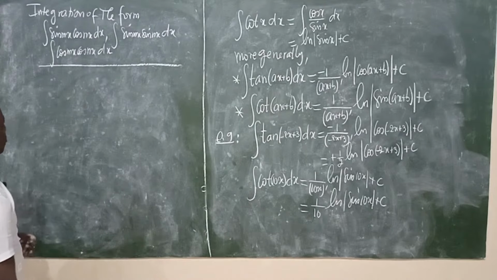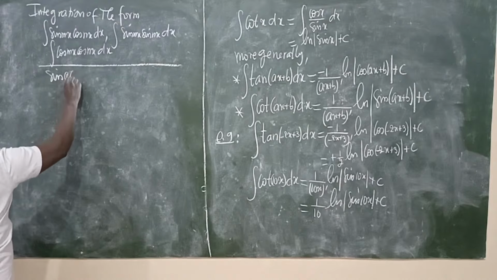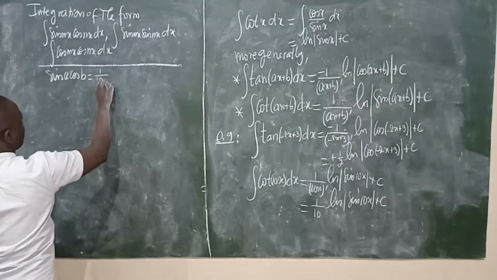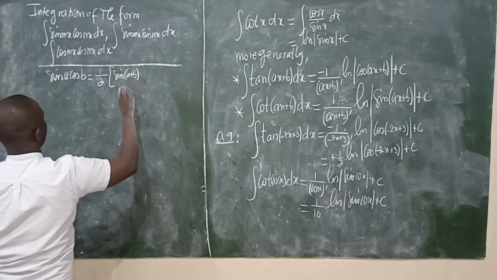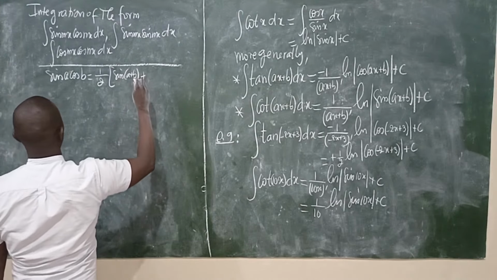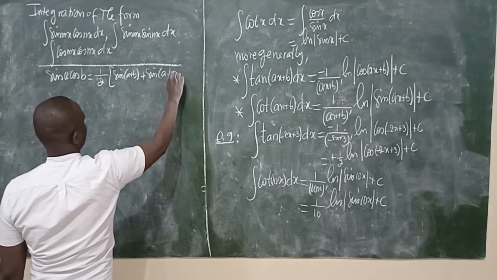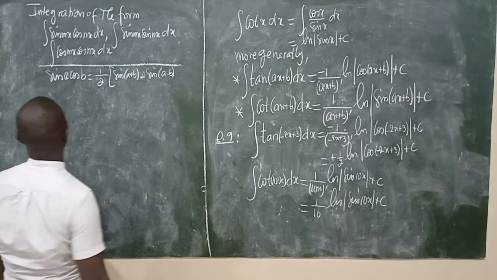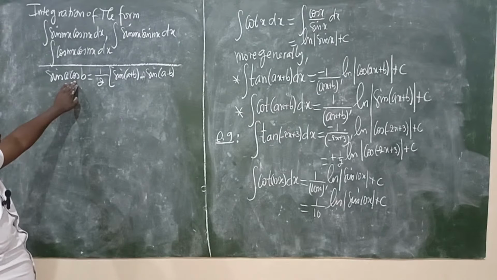Hope you remember that sine a cosine b is a half of the sine of a plus b plus the sine of a minus b. Is here plus or minus? Okay, here is plus.